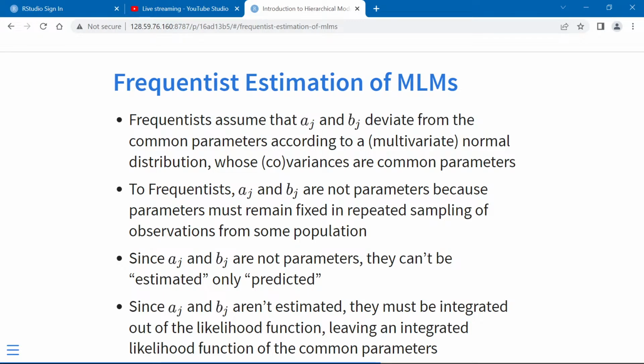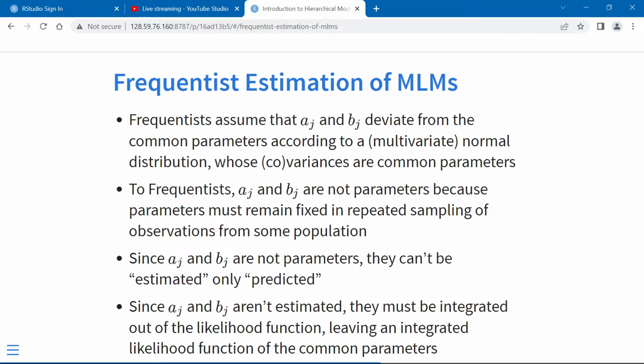That's really the reason why you see frequentists only and always assuming the A's and the B's have multivariate normal distributions, because if that's true and also the outcome is normal, then the integral can be done analytically. So you can get a new likelihood function that doesn't have the A's and the B's in it. Maximize that. From a Bayesian perspective, this is all just comical.